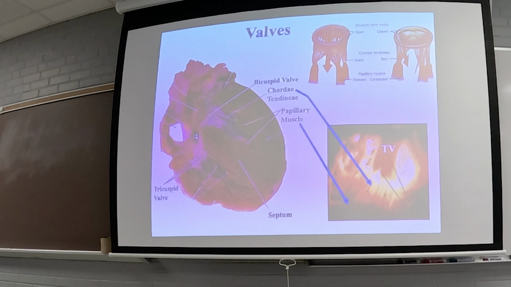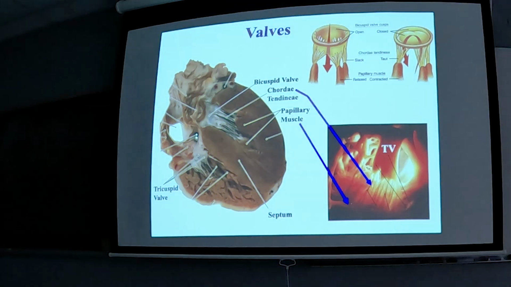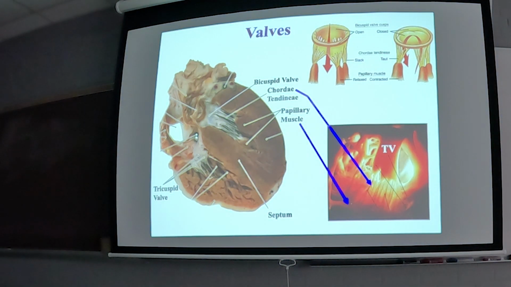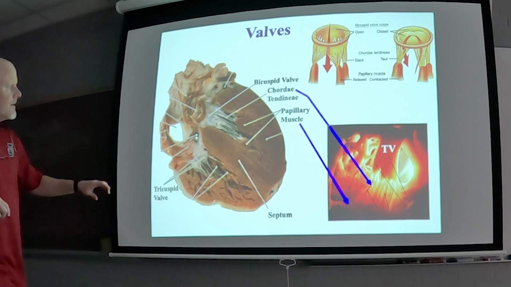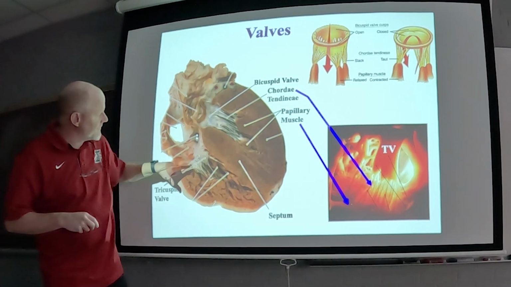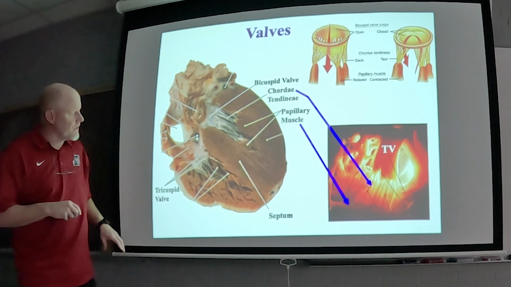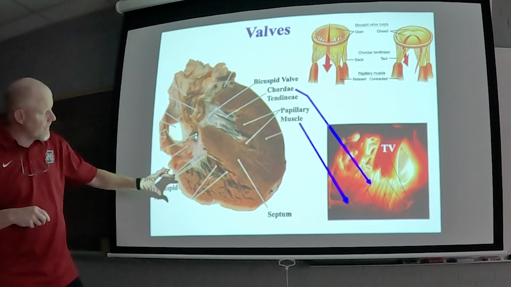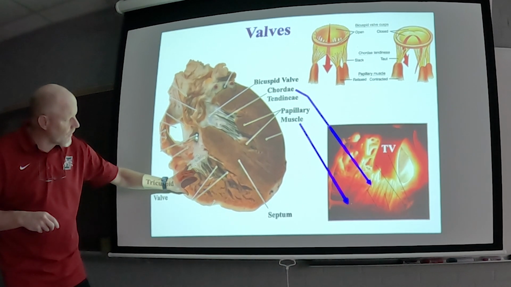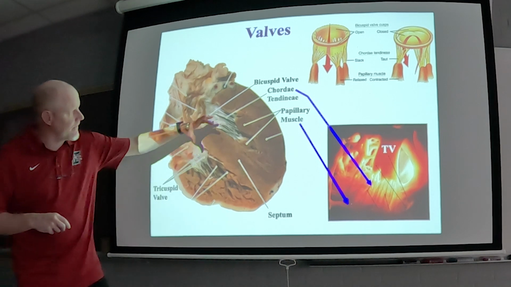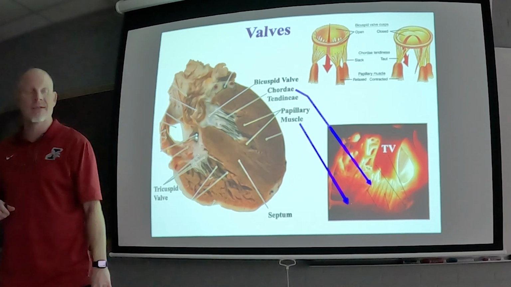So you can see the valves here, right? And when you look at the ventricles, you can tell that the wall of the right side of the heart is less thick than the left side. See how thick the ventricle is?